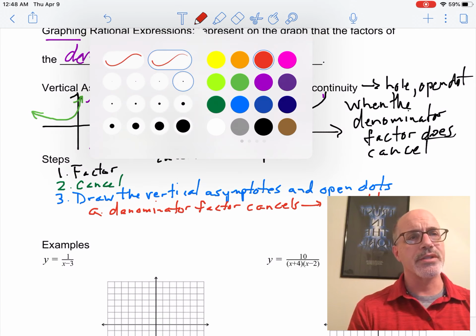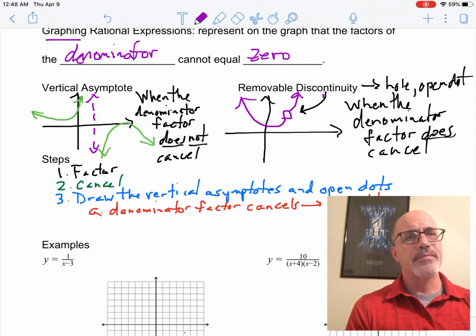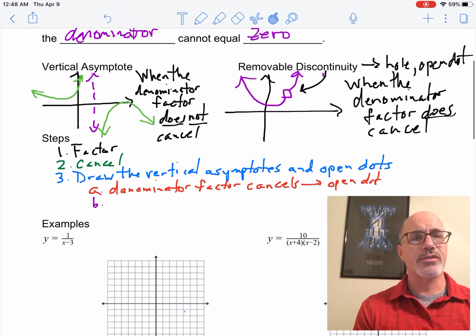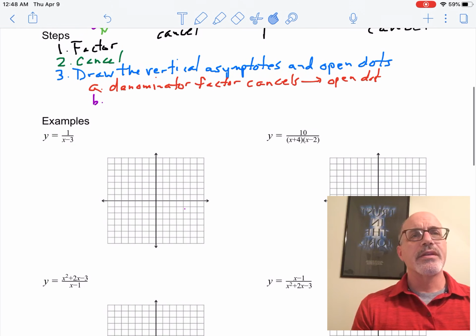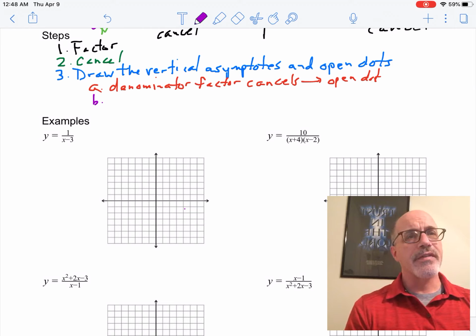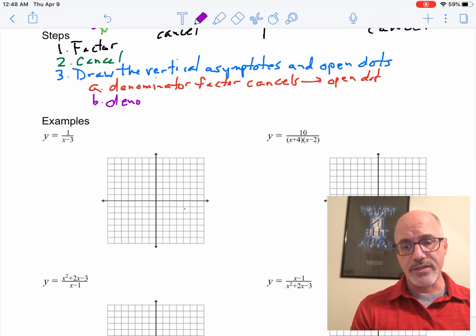Okay, I'll scroll up in just a second for you, just so you can see that. Part B is when the denominator factors do not cancel.